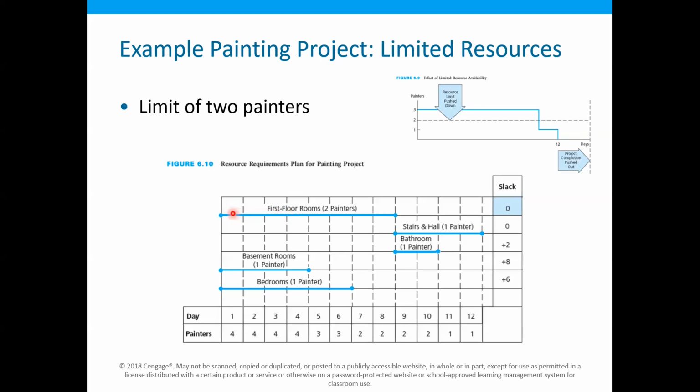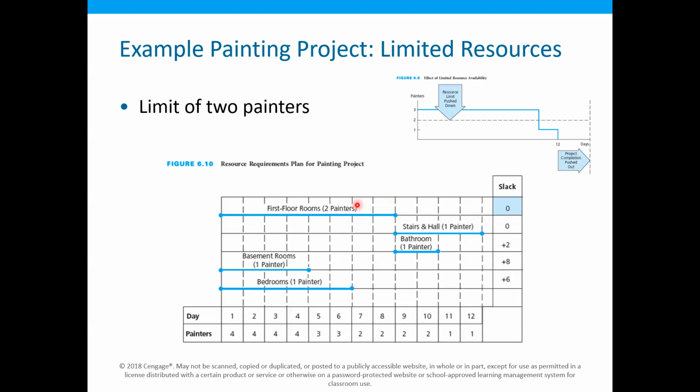So this activity will have the first priority because its slack is 0 and the slacks for the other two activities are 8 and 6. Definitely this activity will have the first priority. And what is the meaning of the first priority? The meaning is that the activity which has the priority will be scheduled first. That means the work on that activity will be performed first. So in this case, we will start the work on this activity, first floor rooms.